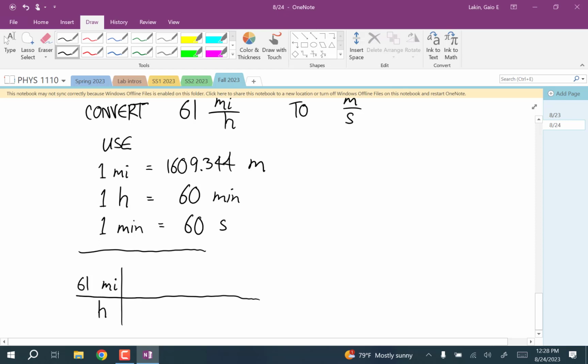I'm first going to go from miles to meters. We want the miles in the denominator to cancel this one. So 1 mile is equal to 1609.344 meters.